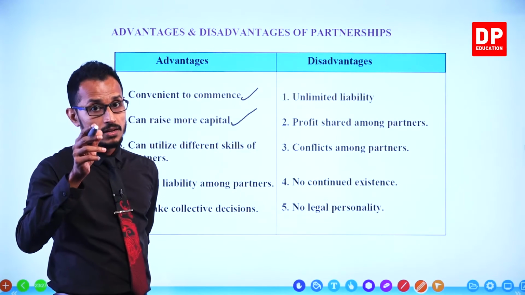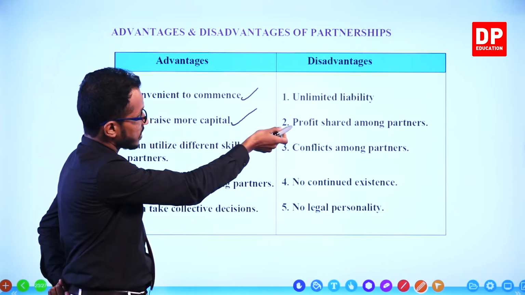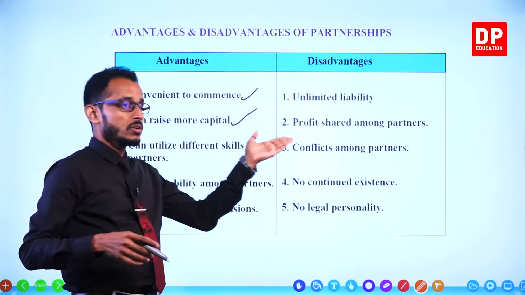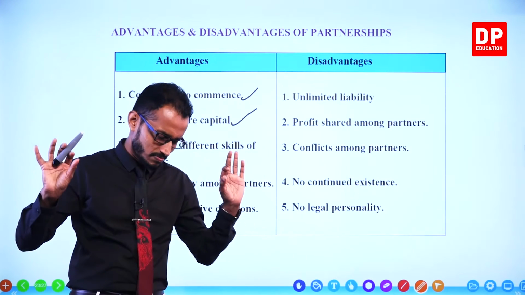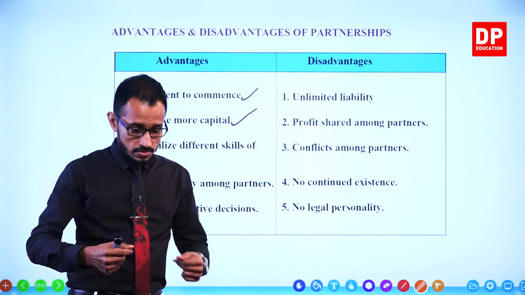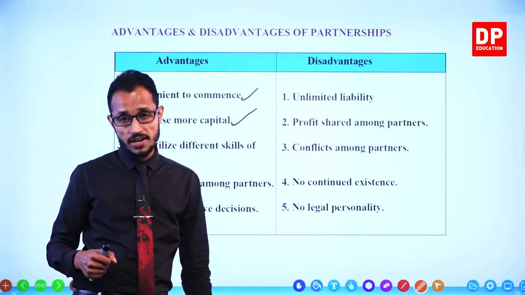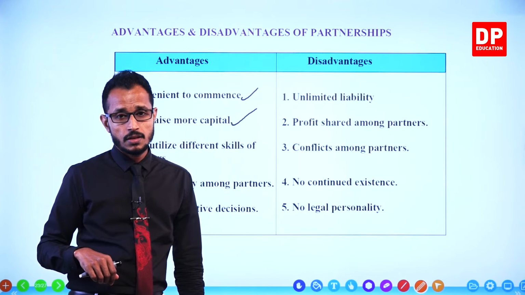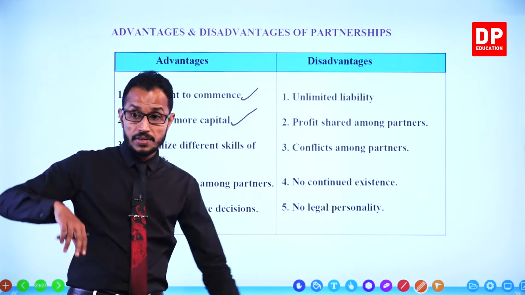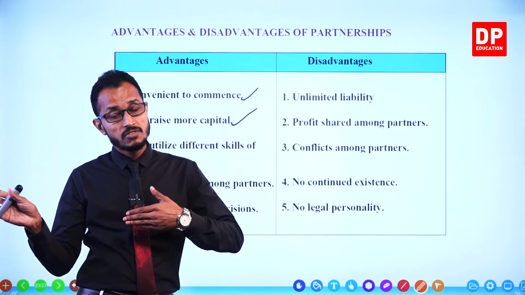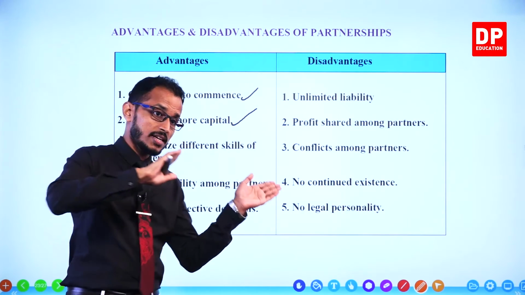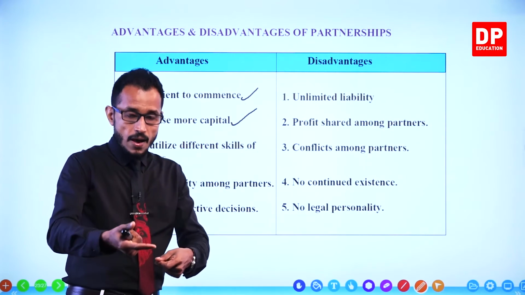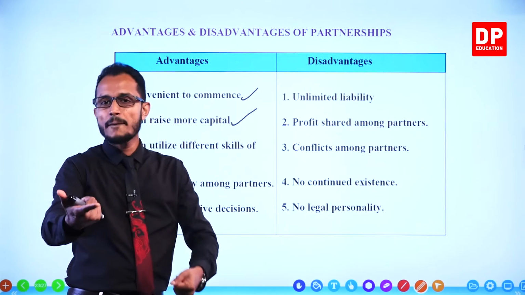Can raise more capital. Can you remember? This was a disadvantage in sole proprietorship businesses. Only one owner was there, so only that owner had to find the capital. But here in partnerships, that is an advantage, because more partners, more owners, can invest more capital.